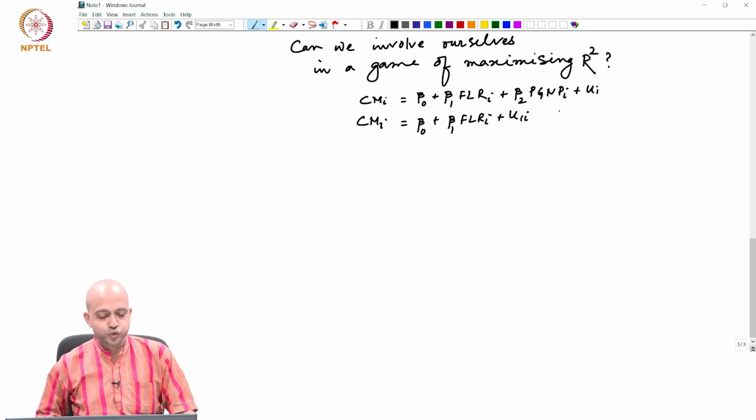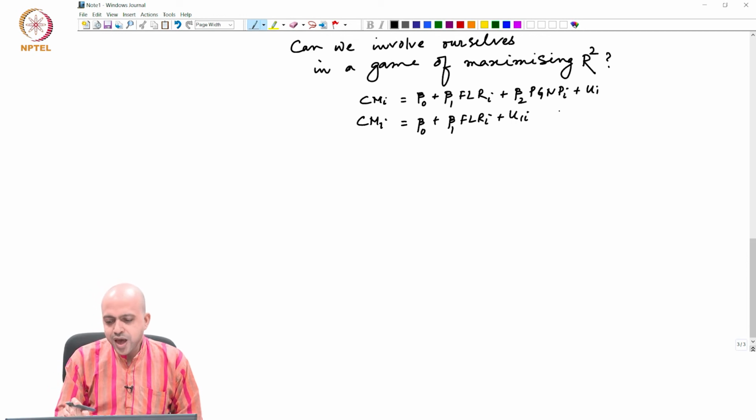These are the two models we are comparing. If we add an additional variable in the model, R square will definitely increase.